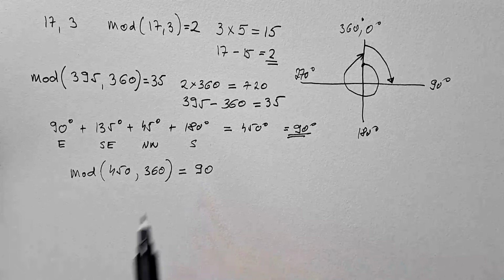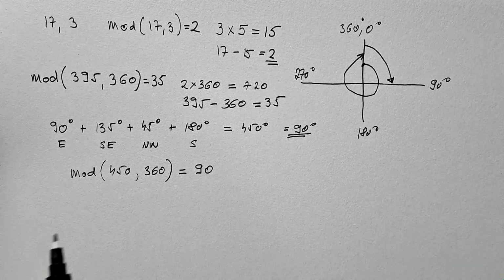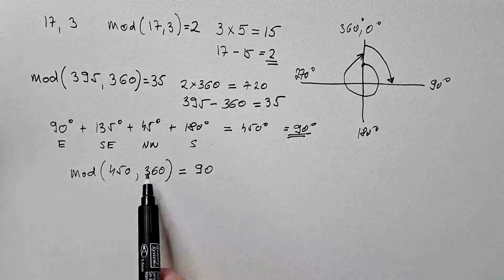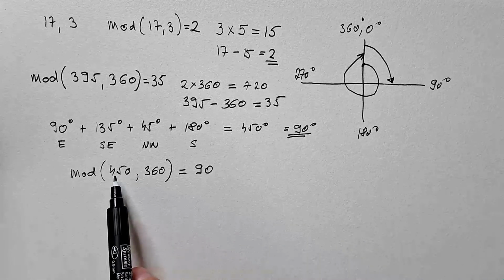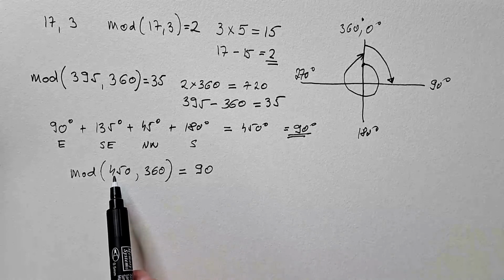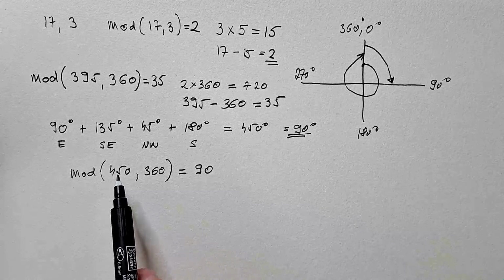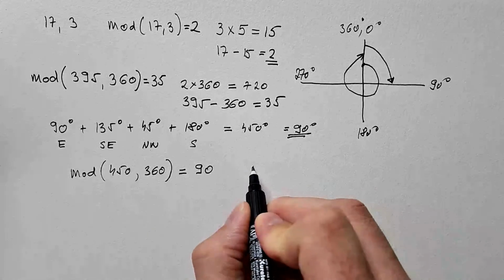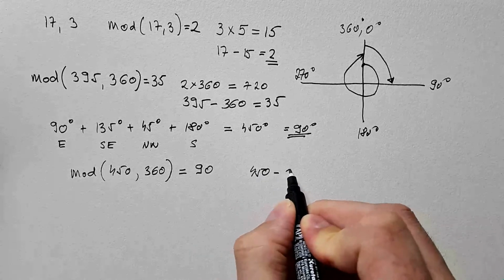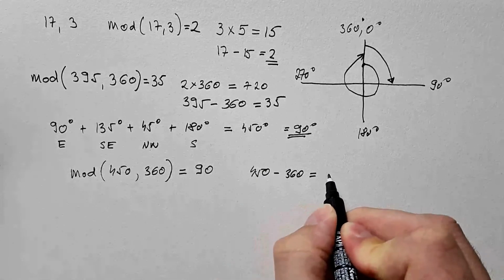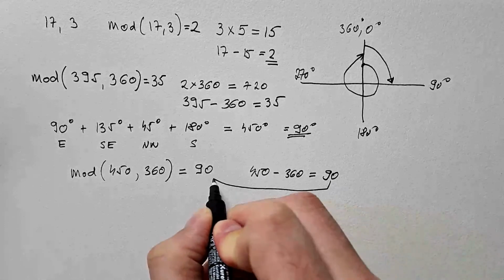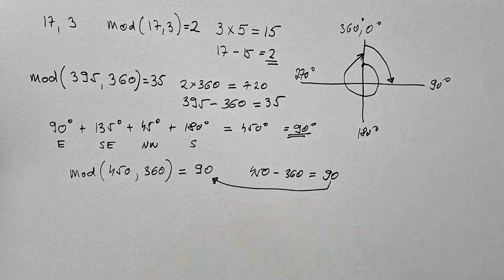Well, we ask ourselves the question, how many times does 360 go into 450? The answer is once. And then the difference between 450 and 360, well, 450 minus 360 equals 90. And that's exactly the result that we got here.